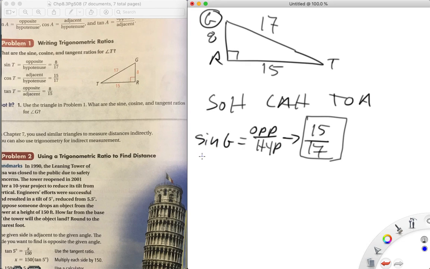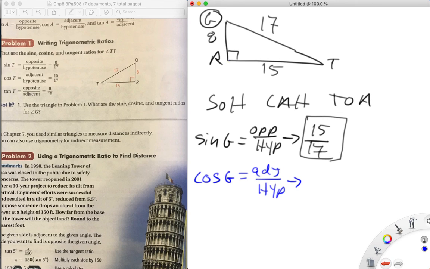Alright, cosine of G. The cosine is adjacent over hypotenuse. So I look at G, and I look at the side that touches.